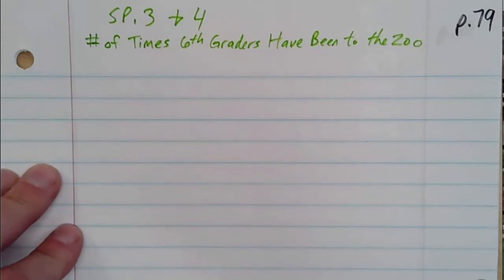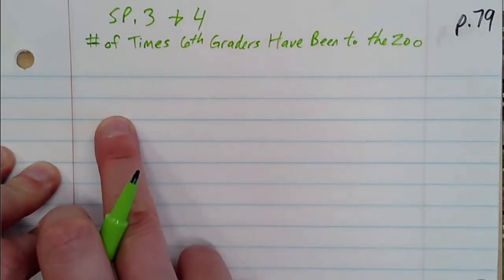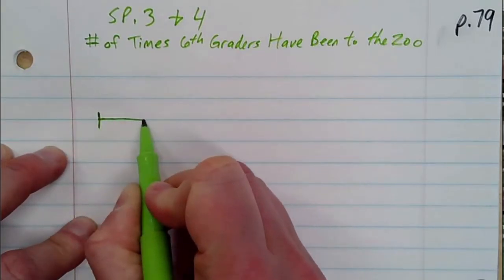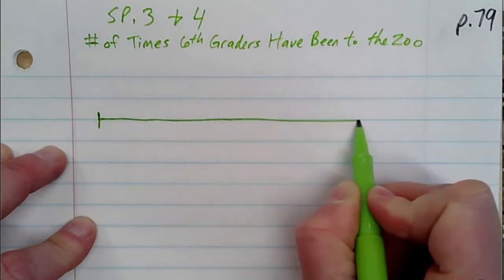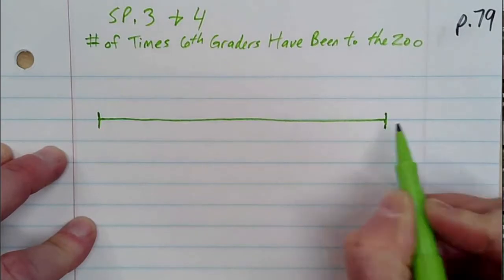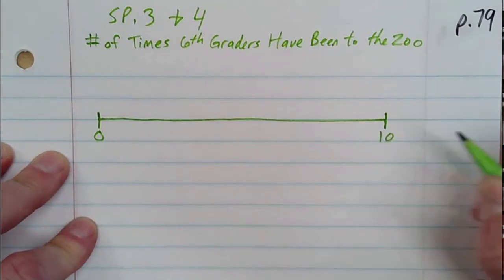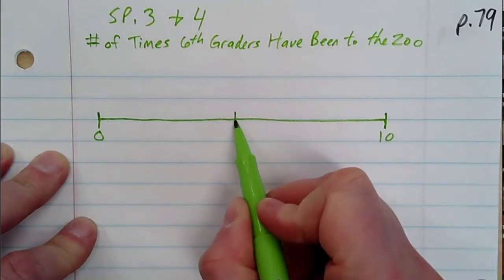And I'm going to trace, I'll come down 2 lines here and I'll start right here and I'll go over to there. And we'll go from 0 to 10. That way right in the middle is 5.